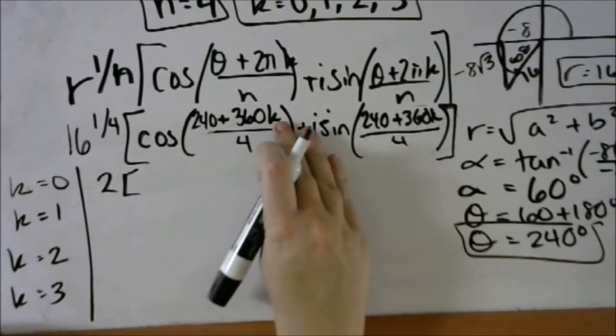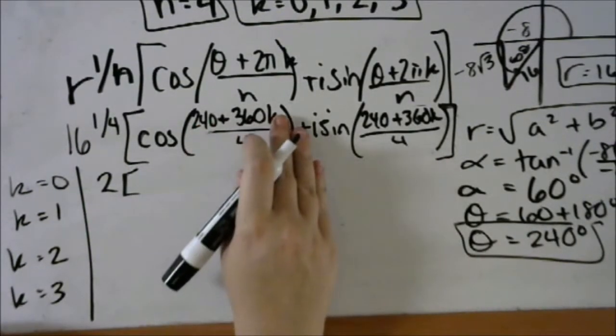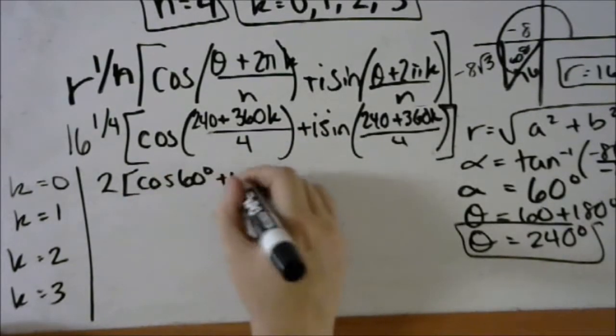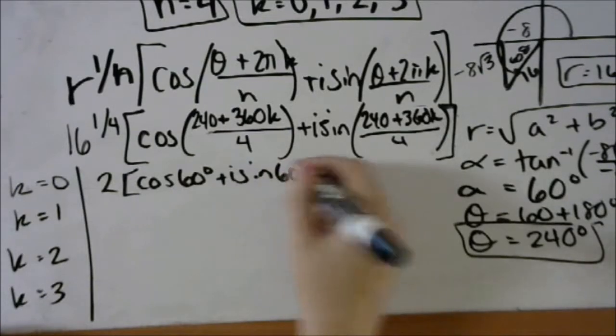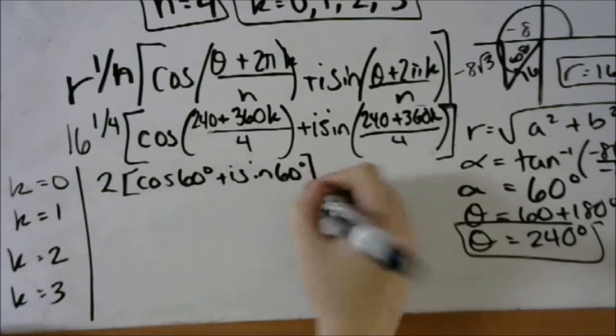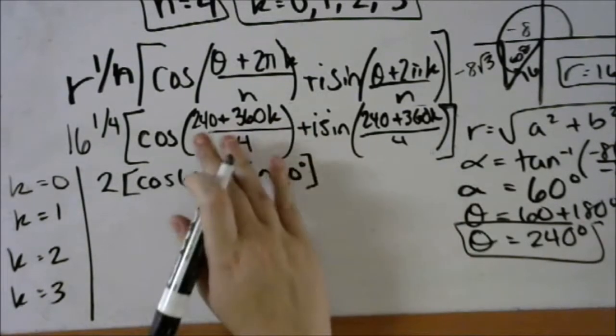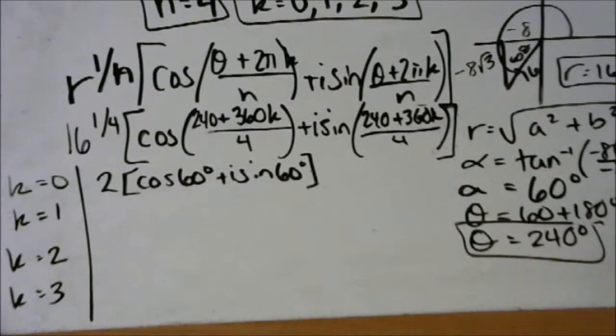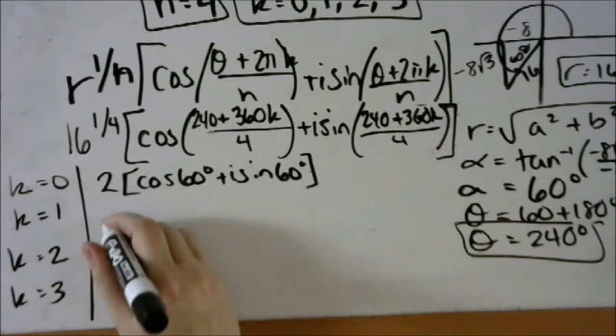If you plug in 0, you get 240 plus 0 divided by 4, which gives me cosine of 60 and sine of 60. If I plug in k equals 1, I get the cosine of 240 plus 360 divided by 4, which is 150.